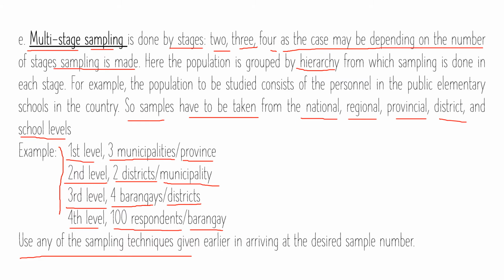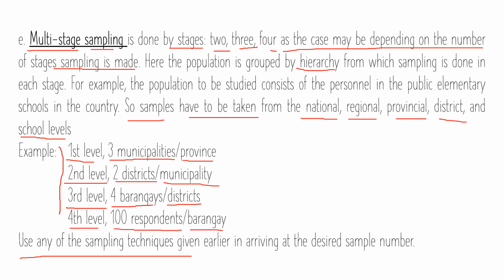Step three, repeat the second step if necessary. Then step four, using some variation of probability sampling, we need to choose members of the sample group from the subgroups.